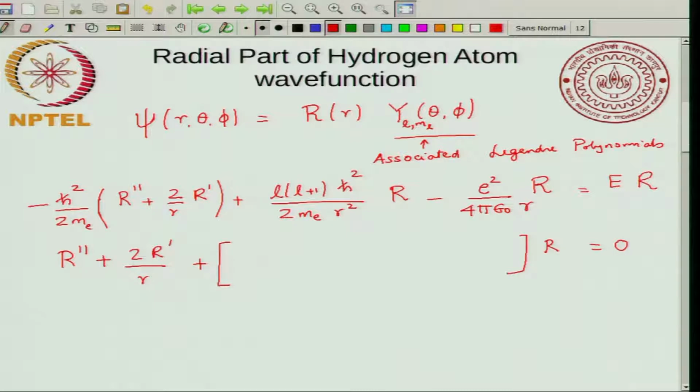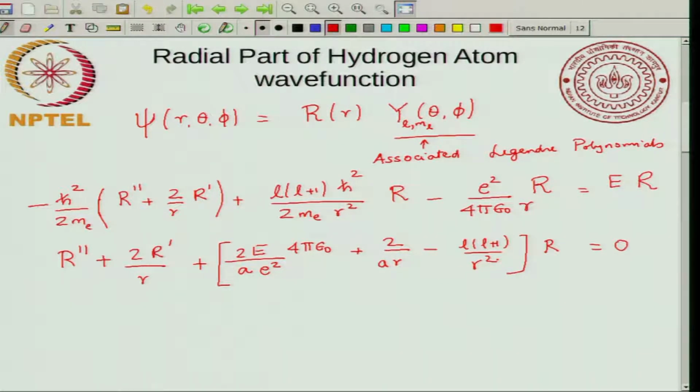So, what I want to do is to write something multiplying R. So, I will write 2 E by e square times 4 pi epsilon 0, plus 2 by a r, I will tell you what a is in a minute, minus L times L plus 1 by r square.